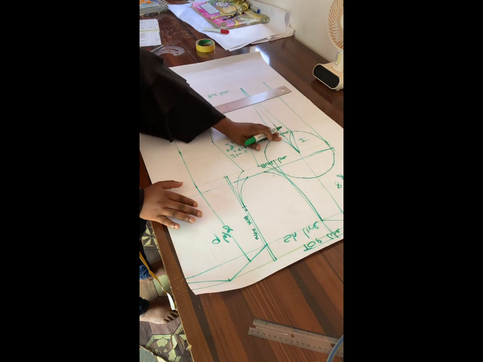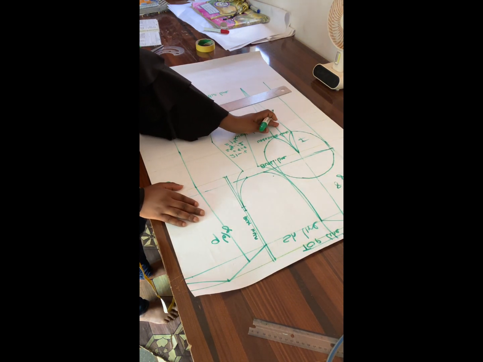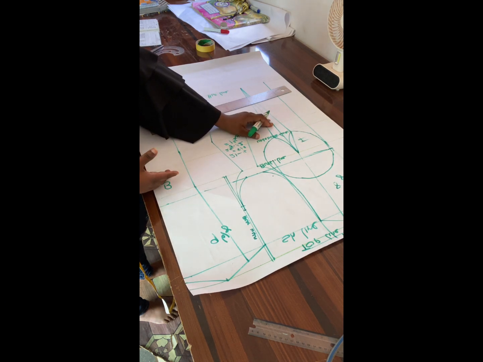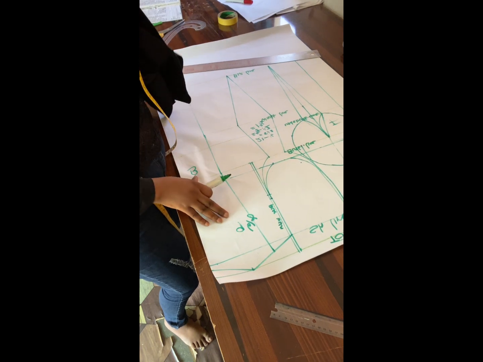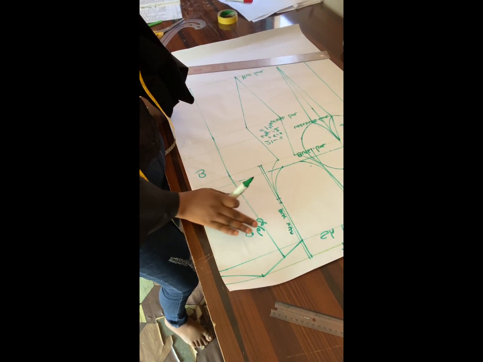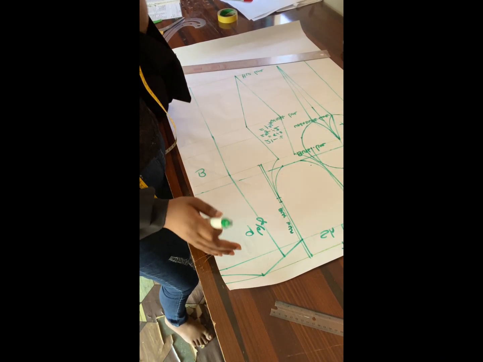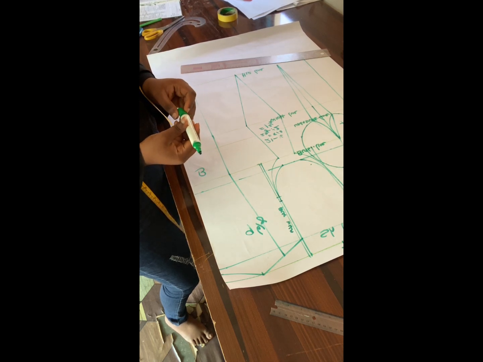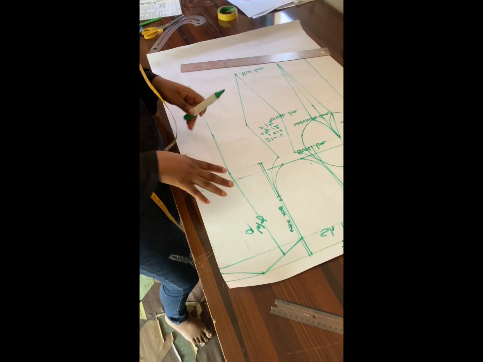So now that I have gotten this, this is what we call an empire contour. This is what we call an empire contour. So from here you can decide to get your patterns. You can get your panels.